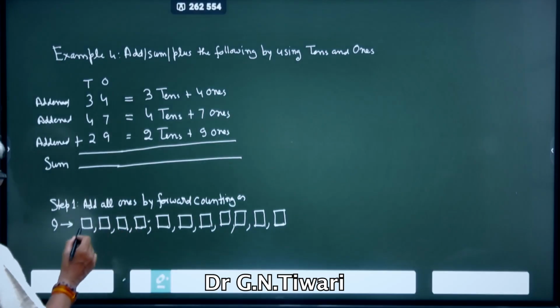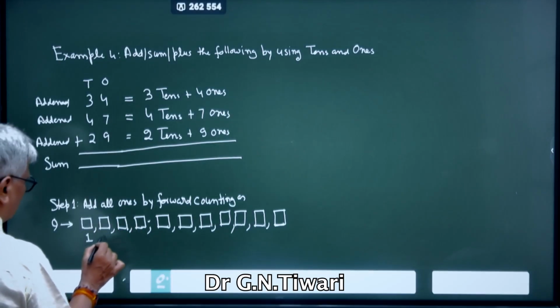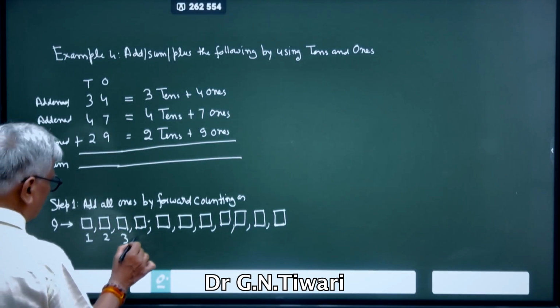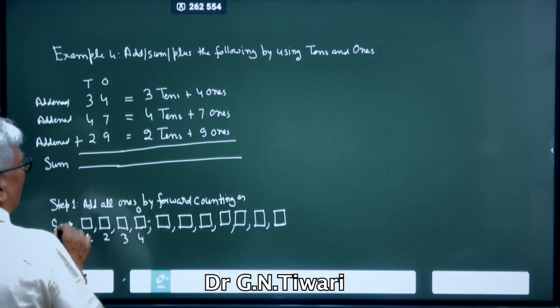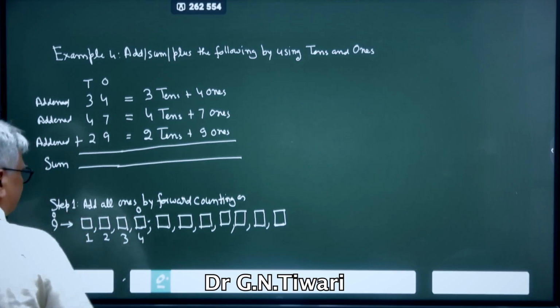As I said, this is 4. 1, 2, 3, 4. That is equal to one. This is also 9 ones.